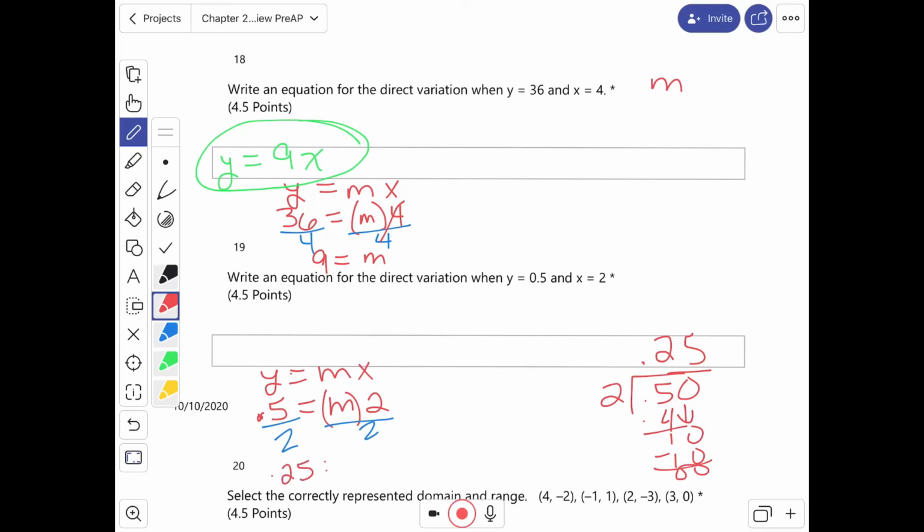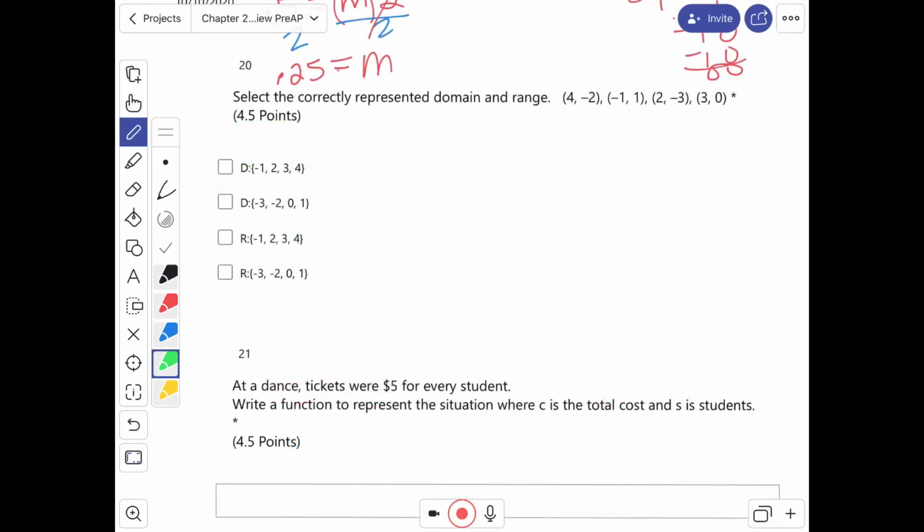So on this side it would be 0.25, and on that side it would be m. So my m is going to be equal to 0.25. I need to plug that into the equation. It would be y equals 0.25 times x. Next question.